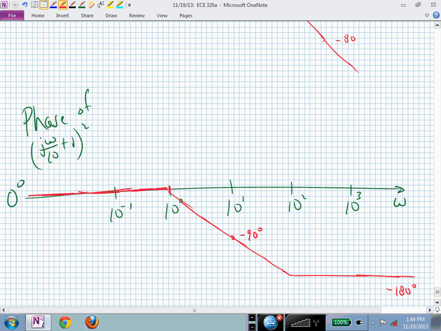Now what do we do? Now we add all of those pieces together. That's why we learned how to add up waveforms in the time domain. Now this is similar. It's just that our independent variable is frequency. When we start going up at 20 dB per decade and then we start going down at 20 dB per decade, we'll just be flat as a magnitude.